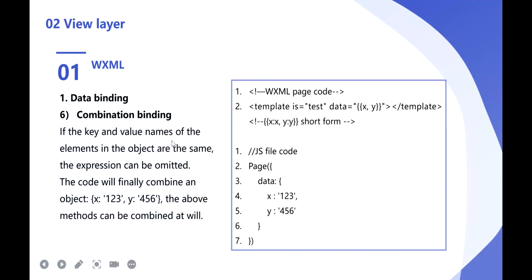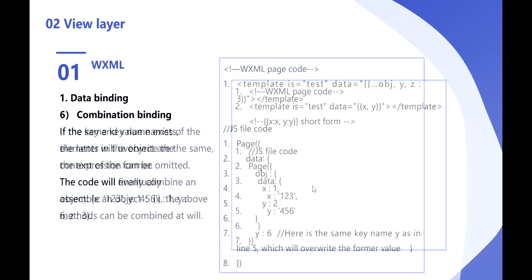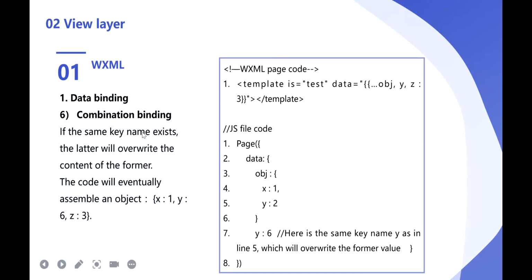If the key and value names of the elements in the object are the same, the expression can be omitted. The code will finally combine an object. Here is another example. If the same key name exists, the latter will override the content of the former.